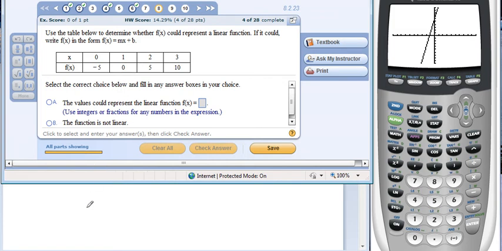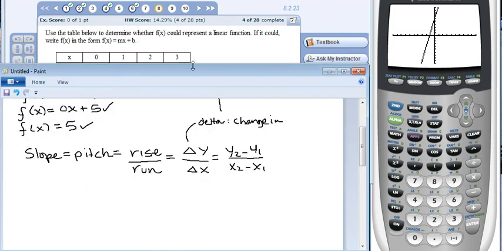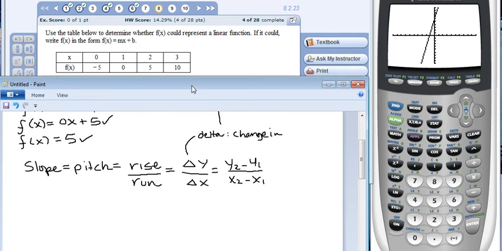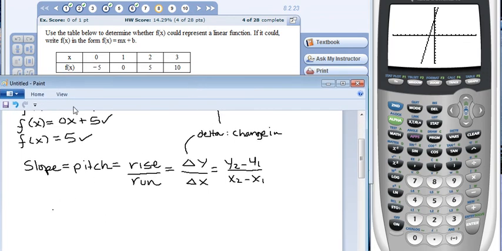Maybe we should be writing this down here. Can I move that down just a bit? There we go. My change in y is 10 minus 0. Change means difference, and difference means subtract.